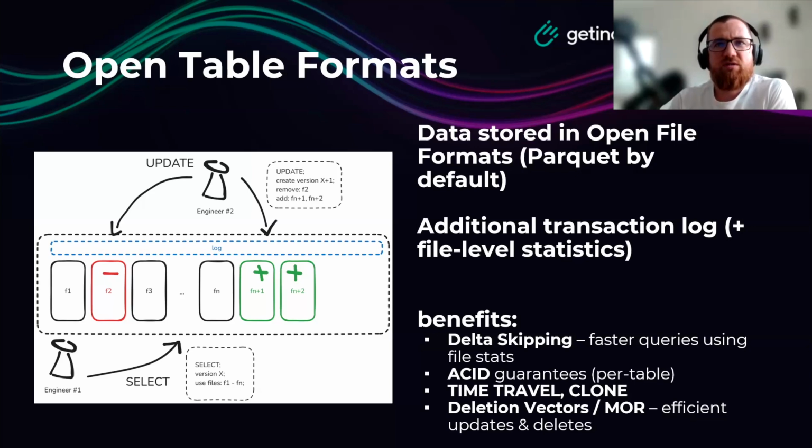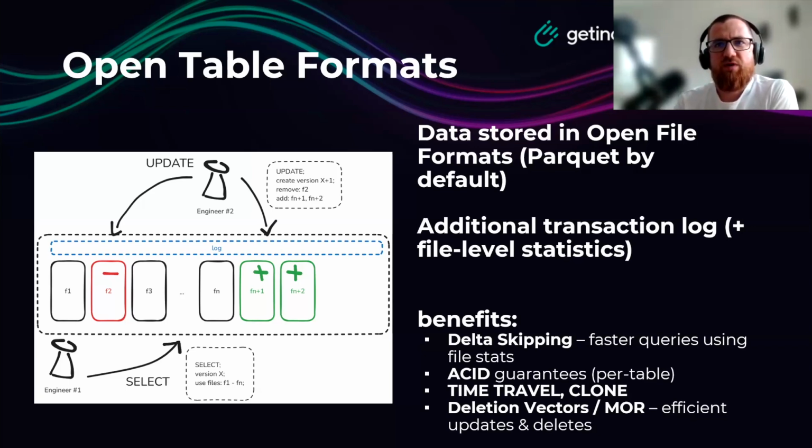But on top of that, a log layer is added. A log is just a simple folder with multiple JSON or Parquet or Avro files, depending on the technology, that describes the tables, keeps the statistics, keeps the information about the versions of the table, and keeps the information of which files are part of the table at the particular moment.